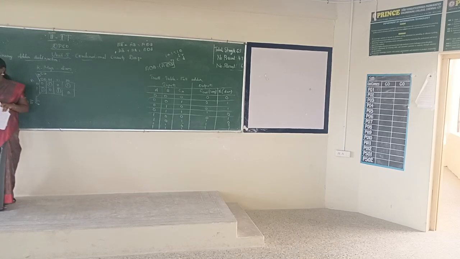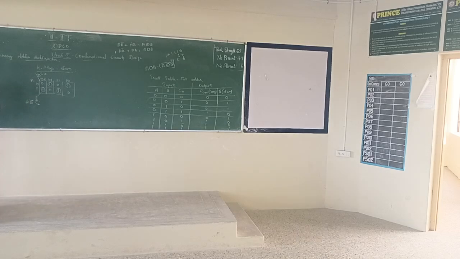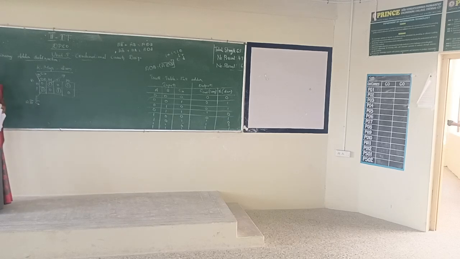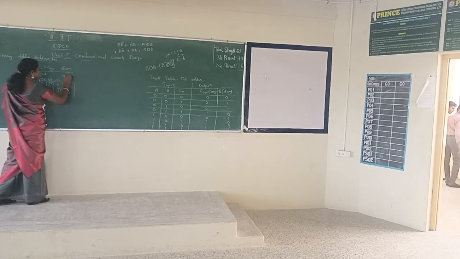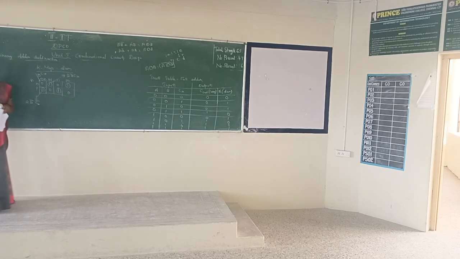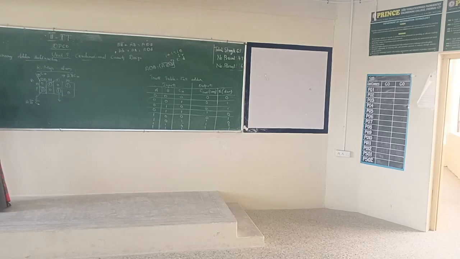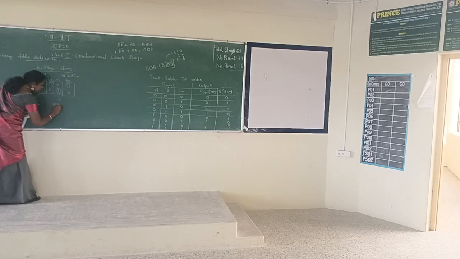Third one: what's the answer for this would be? A bar B bar C. Next group: what's the answer for this would be? A B C. A B C N.